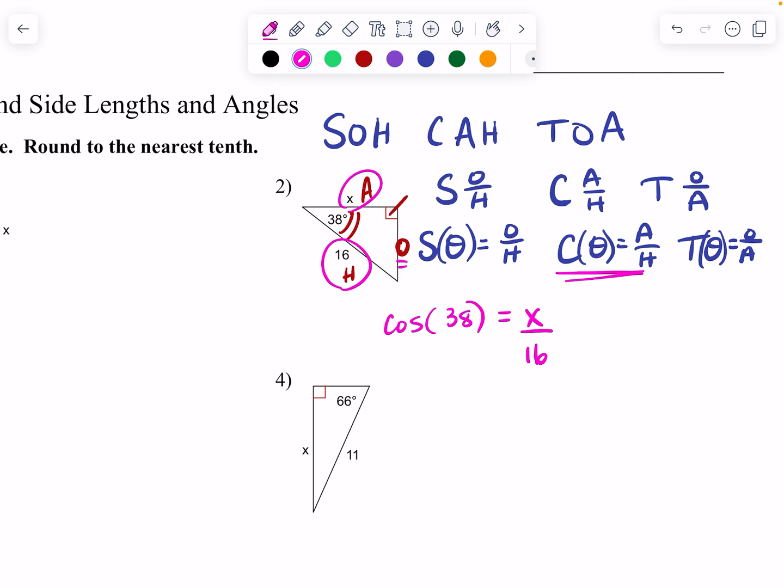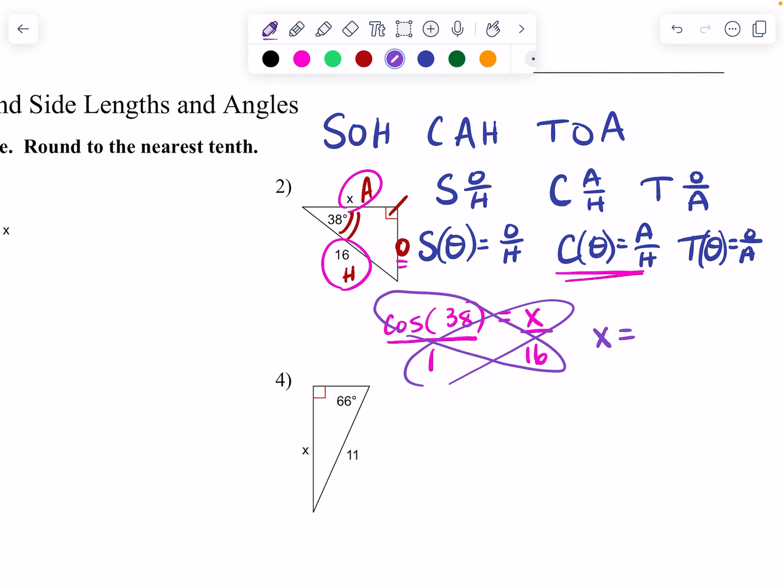Solving fractions gets a little confusing, so one strategy that we suggest is turning this into a proportion, which we just did in similar figures. When we solve proportions, we multiply diagonally and set them equal to each other. So 1 times X is just X, and then cosine of 38.